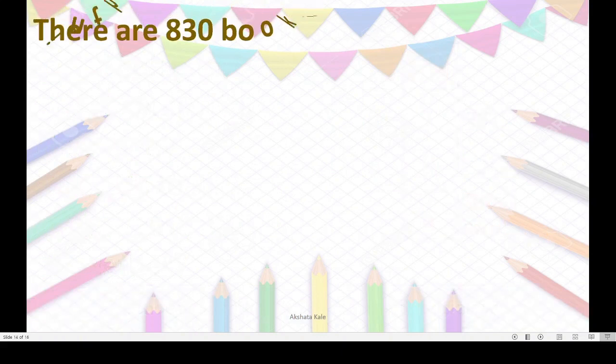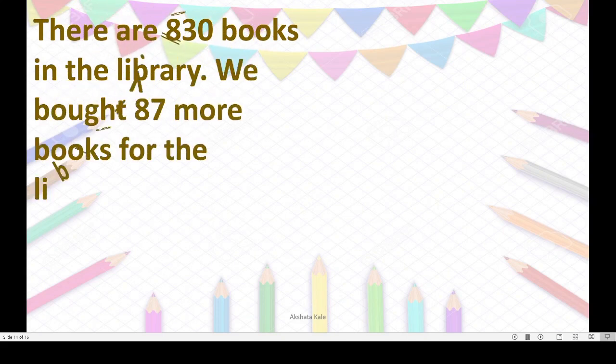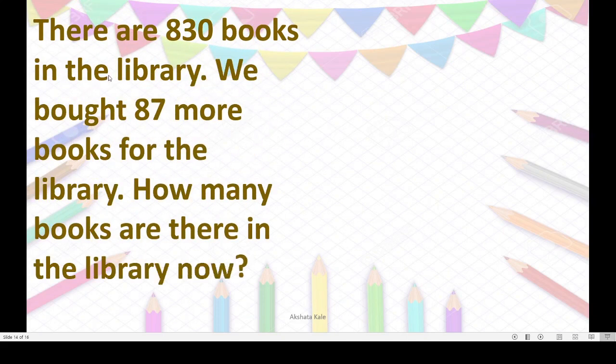We will move to the next sum. There are 830 books in the library. You know about a library, isn't it? Library means we get different types of books over there. Right? Okay.